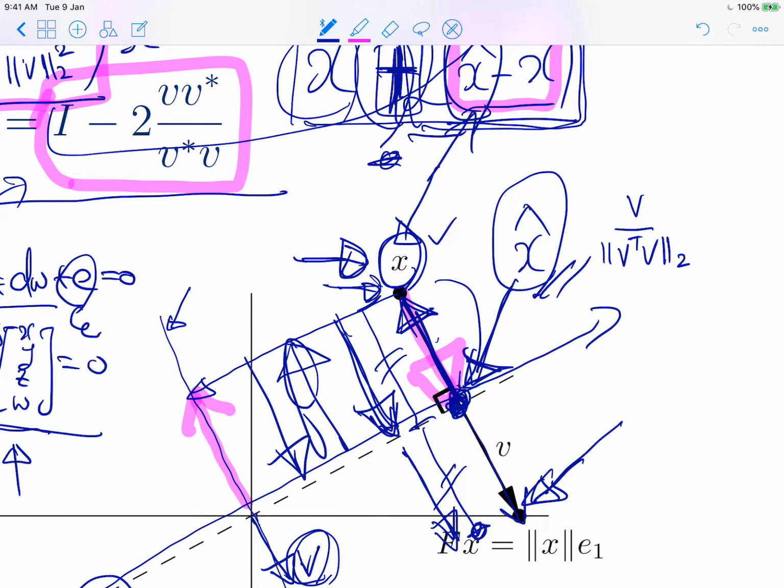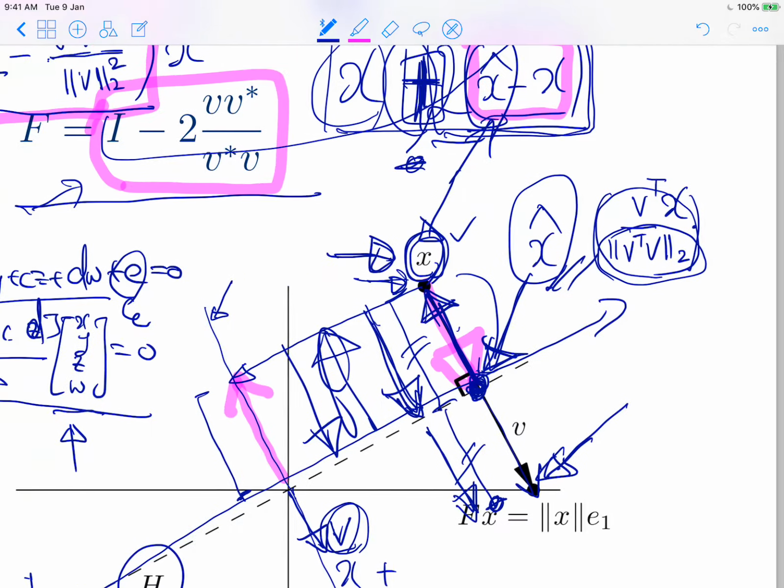And then how do you compute this projection? Once we normalize this vector, we simply take the inner product with this, so that we can obtain the length of it. In this case it is v transpose x, and the denominator is in this form.